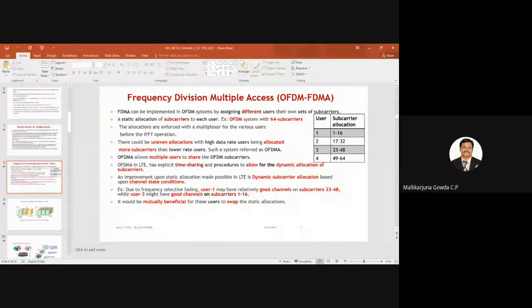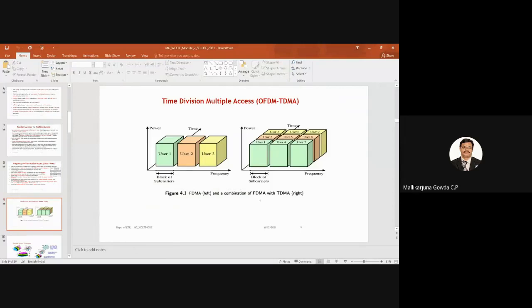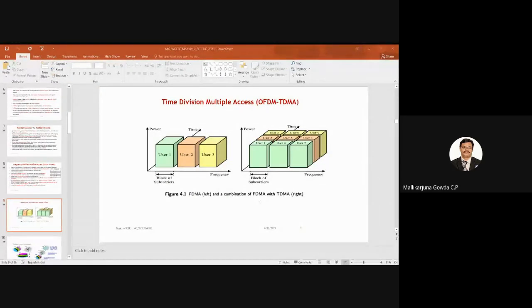So as I said, FDMA, before I come to this diagram, looking at the diagram, whoever is there, just have a look, grasp what is written.